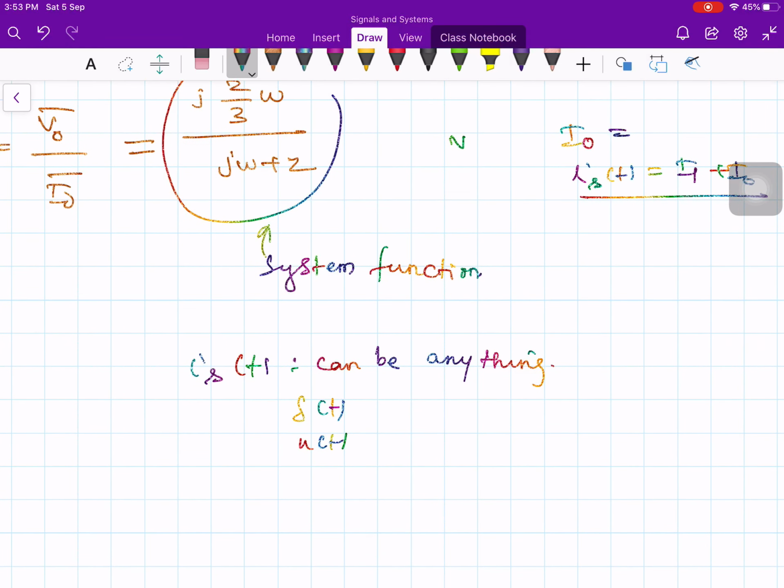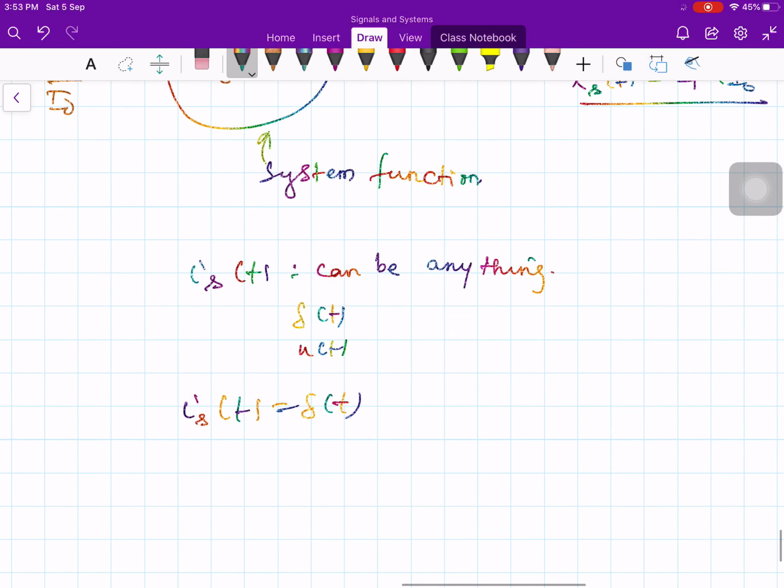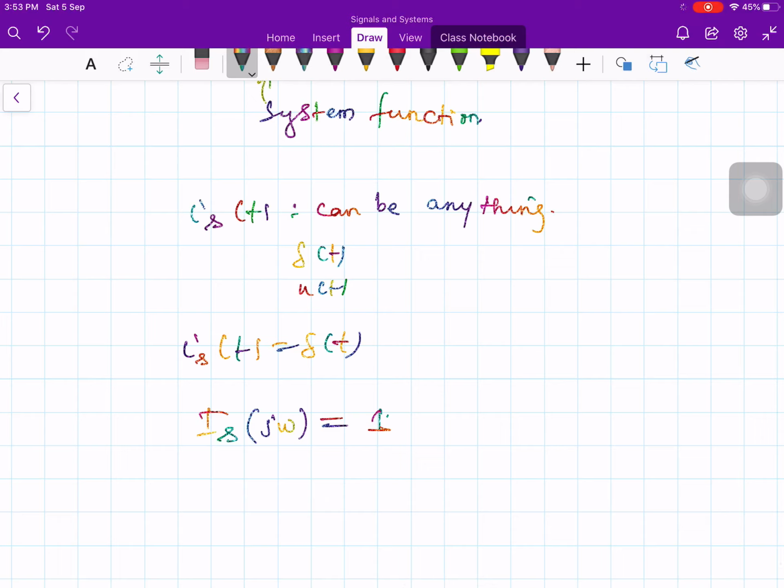So let us take the first case where Is of t is equal to del of t. That means Is of j omega is equal to 1. Then V naught of j omega is equal to the transfer function, j times 2 by 3 omega divided by j omega plus 2, multiplied by 1, right?